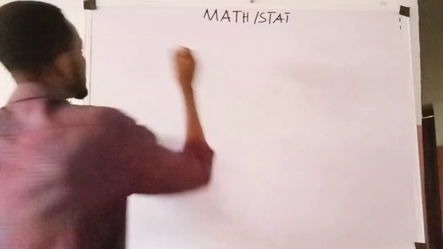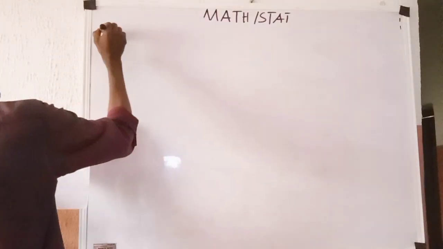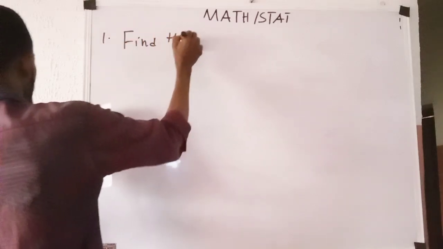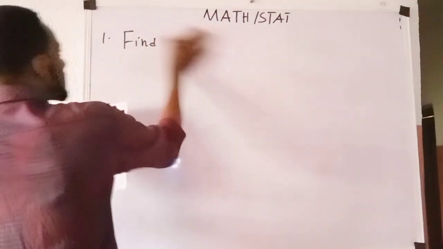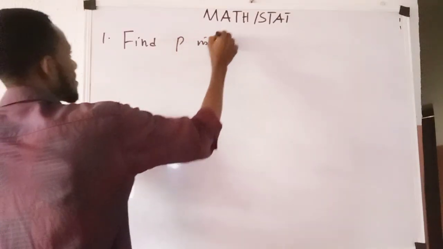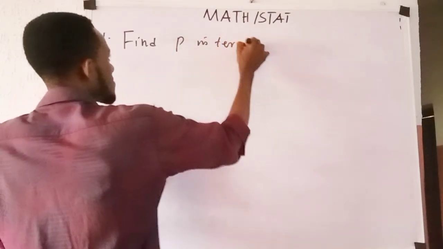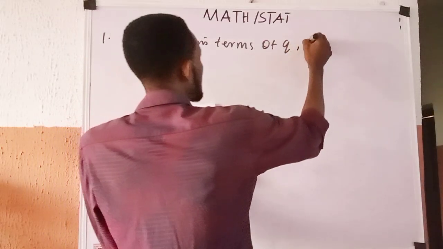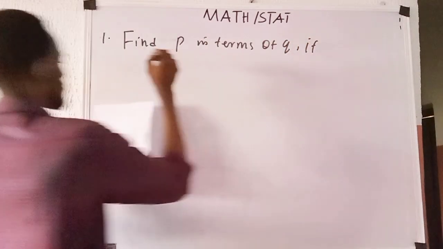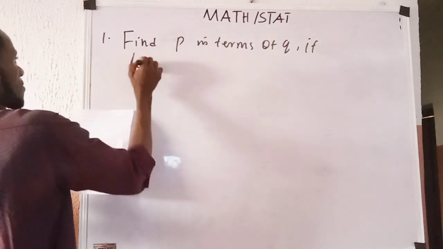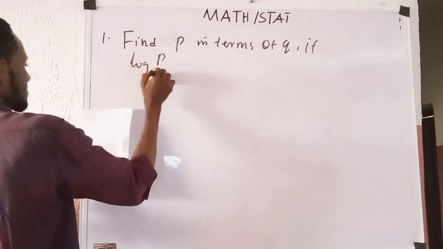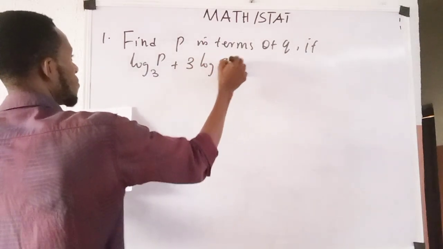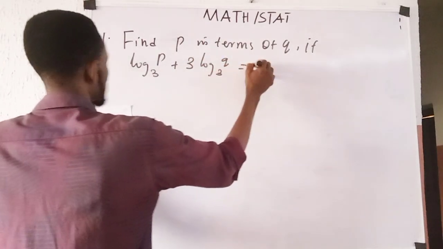So what we have here is question number one. Find P in terms of Q if log P base 3 plus 3 log Q base 3 equals 3.